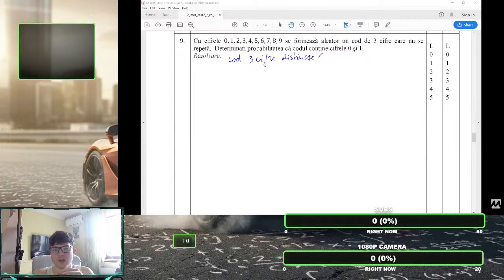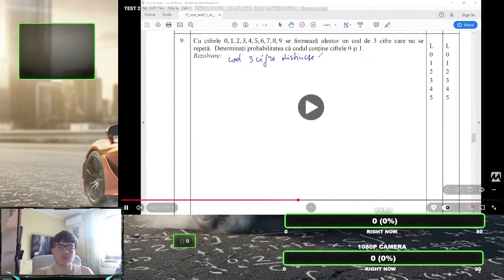So it's going to be 8 on one row, but we have also other cases where the 0 is the last number and stuff like that. So that must be also taken into consideration. So we multiply by how many cases we have, and we do the simplification, we get the probability.